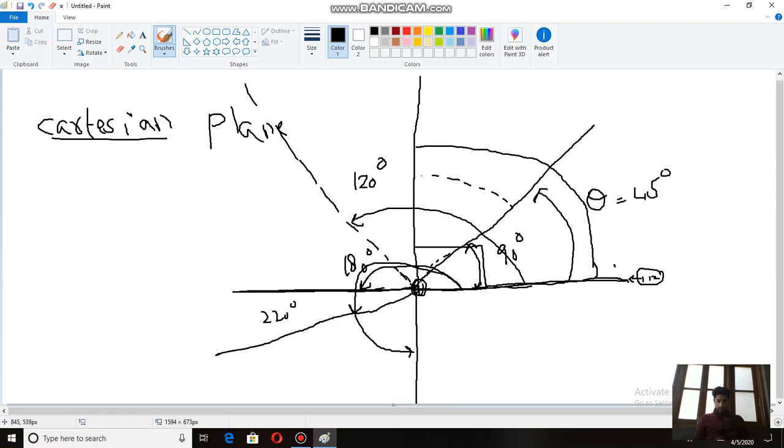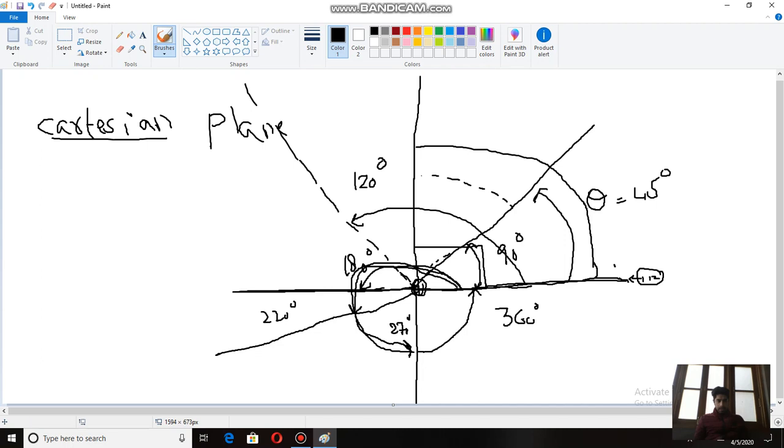Now we have covered this much angle. This angle is 270 degrees, and when we take it back to its original position, we have covered 360 degrees.